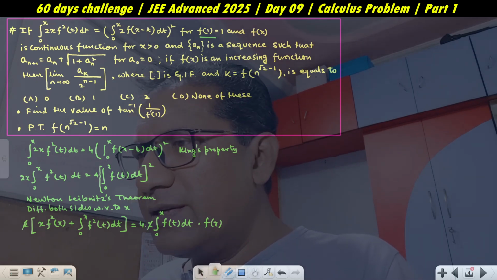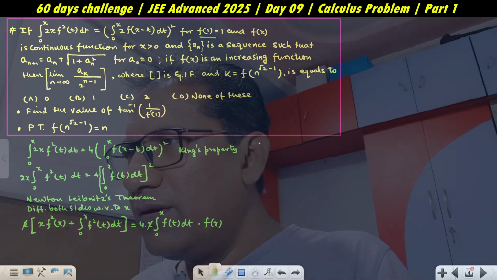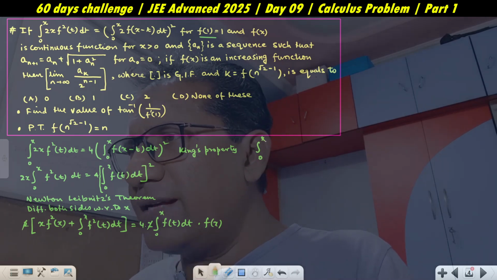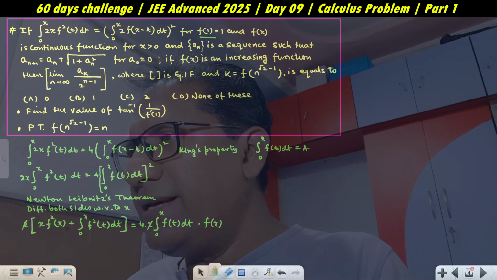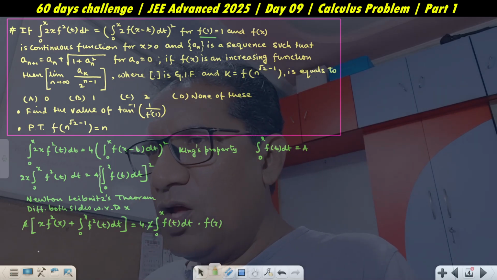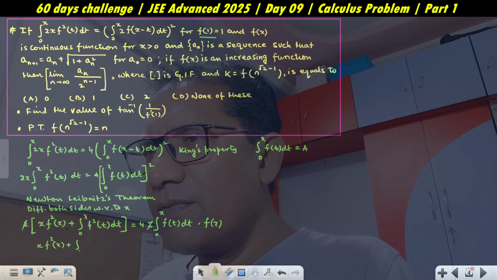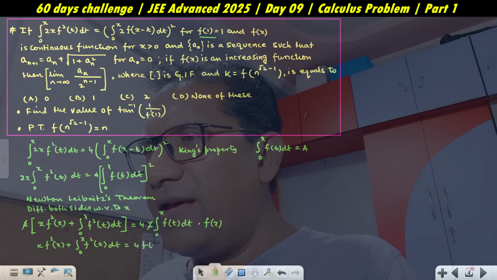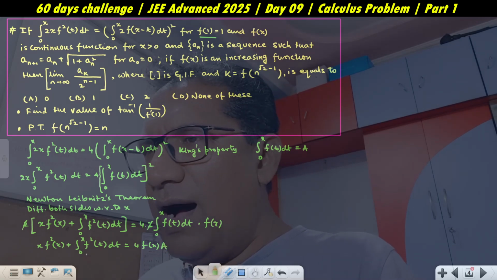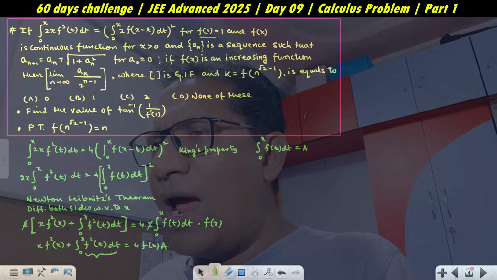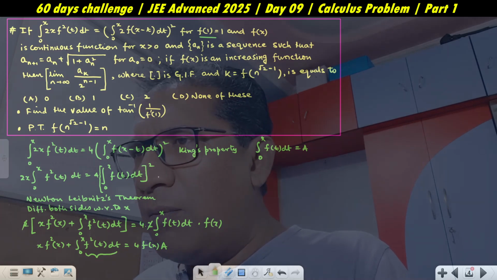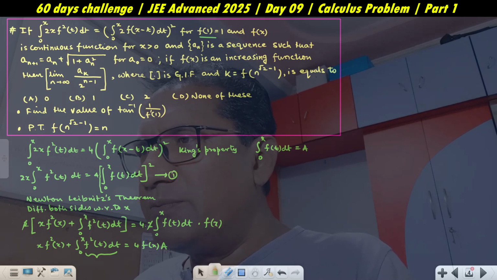Now let me denote the integral from 0 to x of f t dt by capital A. So we can write this thing as x f squared x plus the integral is equal to 4 times f of x into A. Now, I am trying to replace this one from this equation.